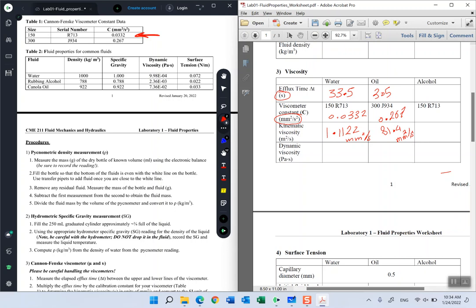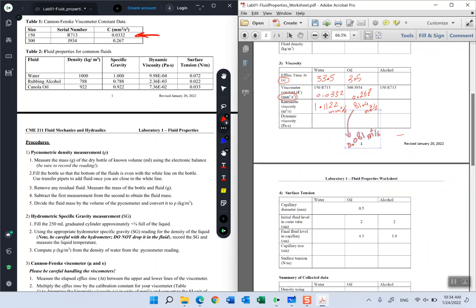So to convert that to meters squared per second, we will multiply by 10 to the power negative 6, and it will be 0.081 meter squared per second.